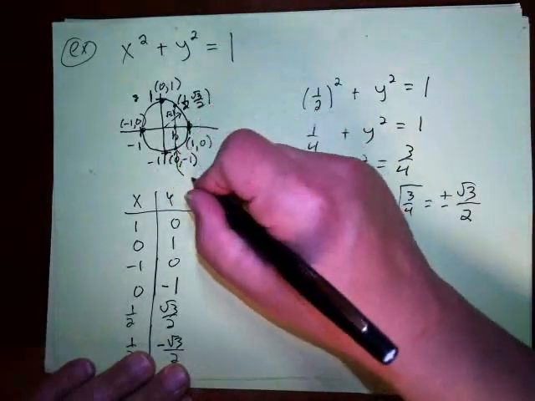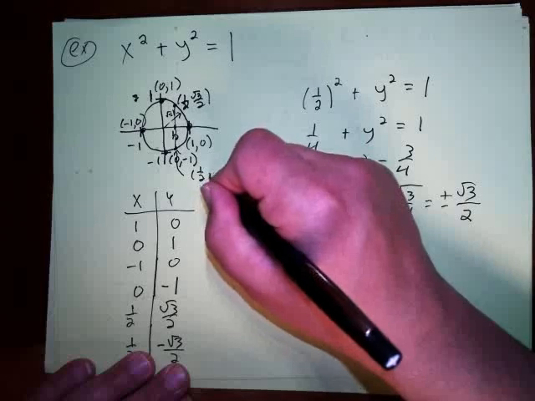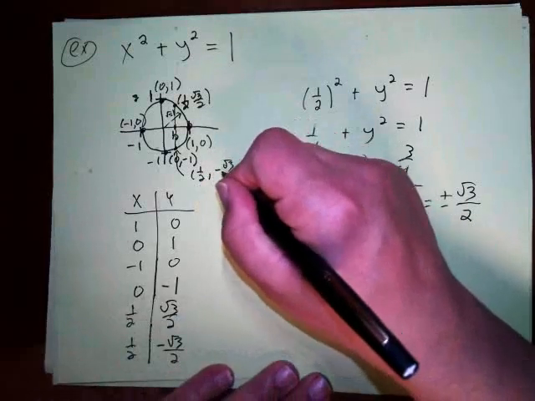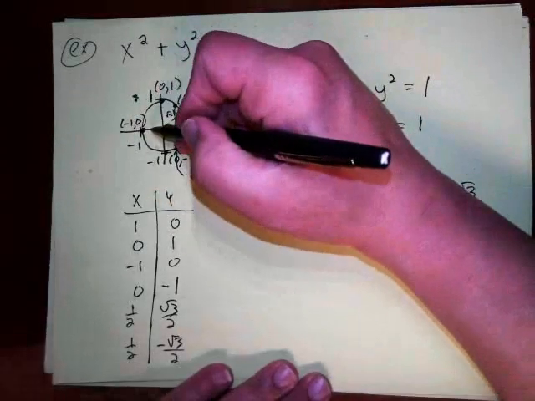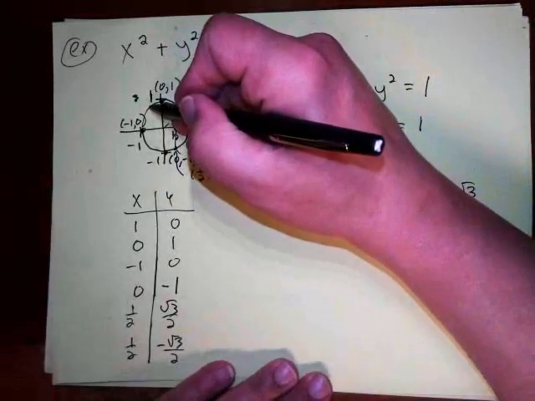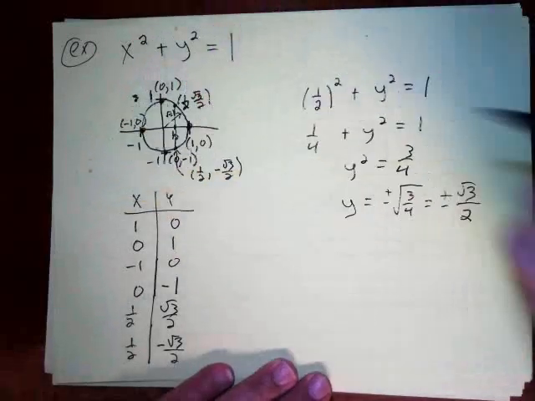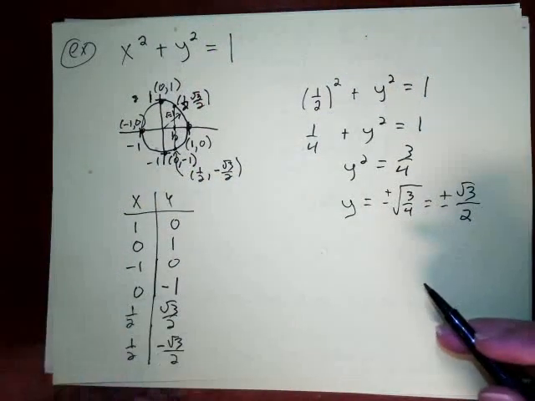So this ordered pair would be 1/2, negative square root of 3 over 2. And I could also do negative 1/2, and up here would be positive square root of 3 over 2, and this would be negative square root of 3 over 2. And so those would be other ordered pairs.